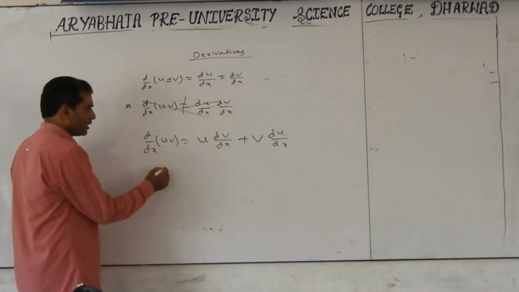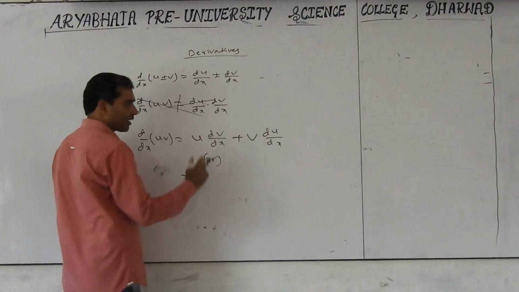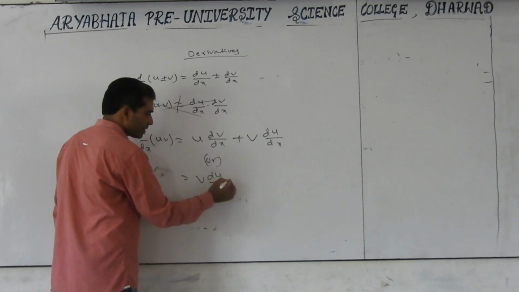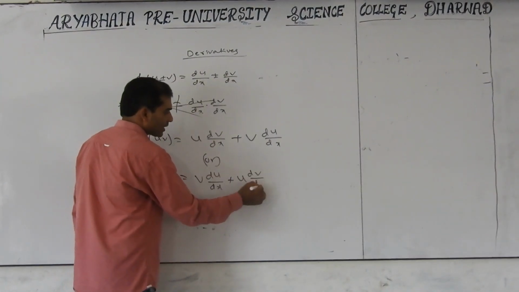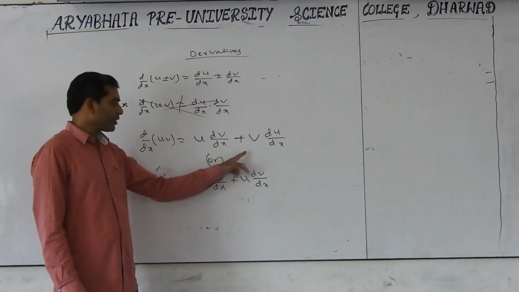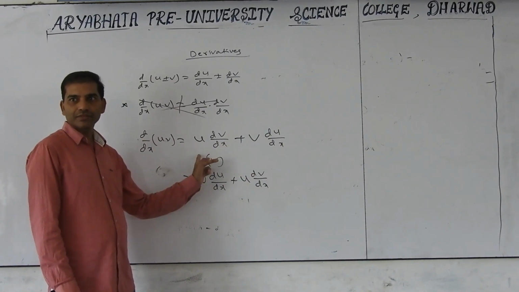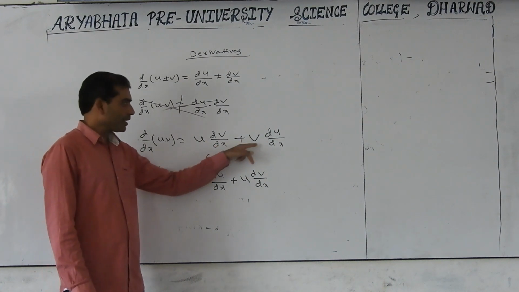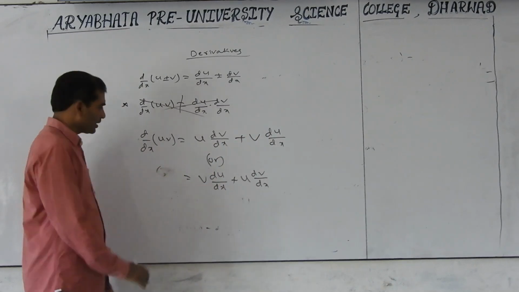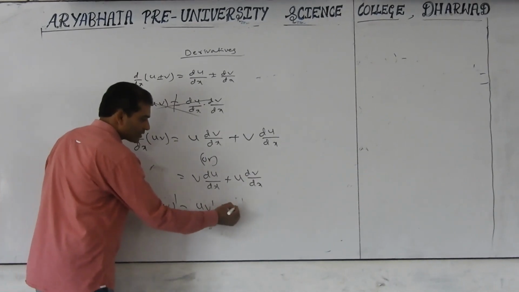In short form, we can also write it like this: v du by dx plus u dv by dx. You can write either u dv by dx or v du by dx first, because it is a plus; a plus b equals b plus a. Are you following? Another notation: (uv) whole dash equals u v dash plus v u dash.